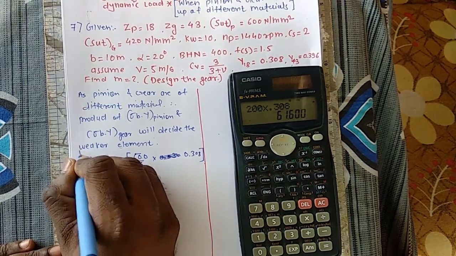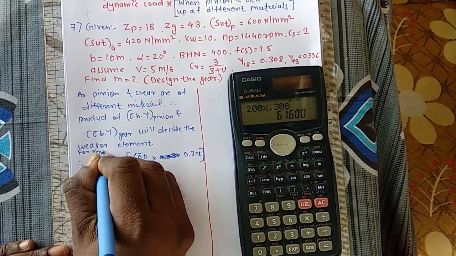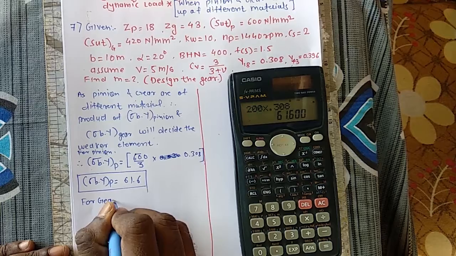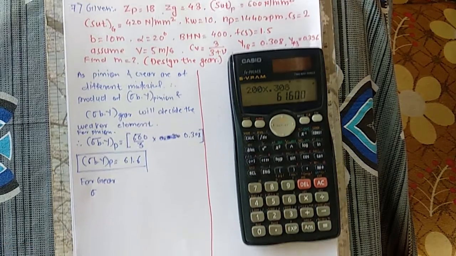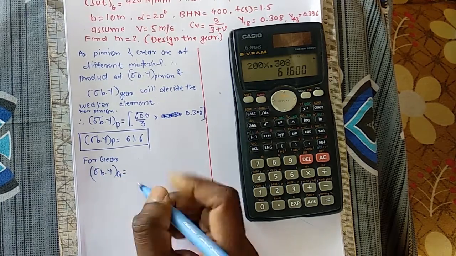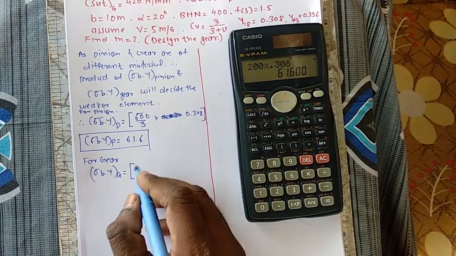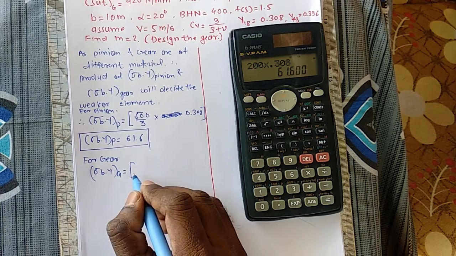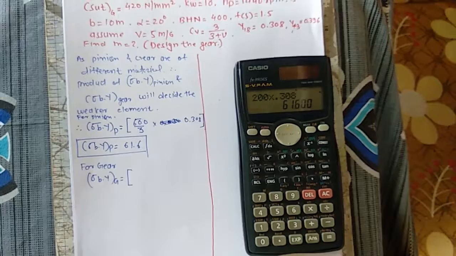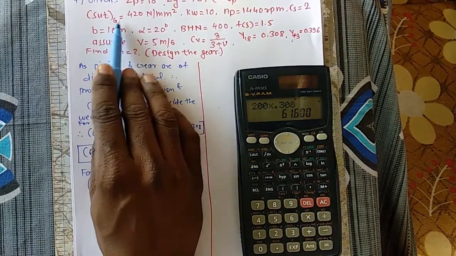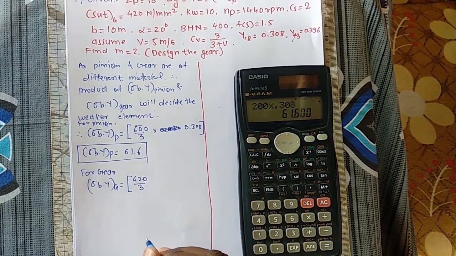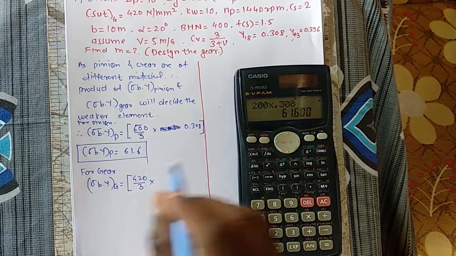Now we will do it for gear. So sigma B into Y for gear. Sigma B means SUT by 3 for gear. What is SUT for gear? You can see SUT for gear is 420. So I will write 420 divided by 3, which is SUT for gear, into Lewis form factor of gear.